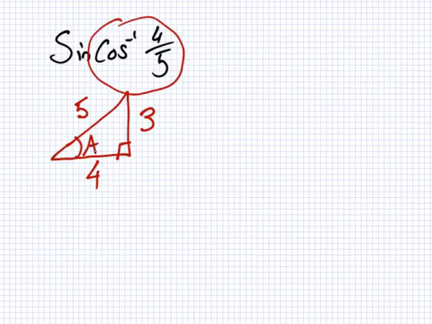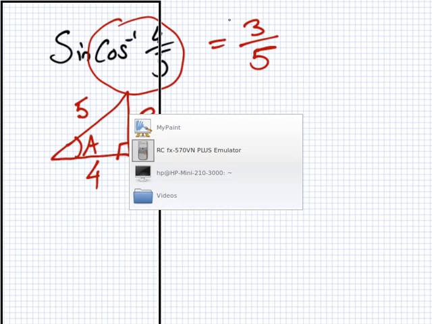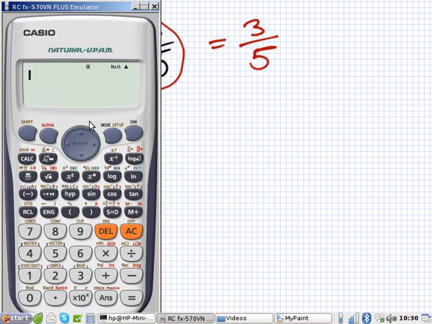We want sine of the angle we get from this. Well, what's sine of A here? No, remember we said the answer should be a fraction. Yes, what is it? 3 over 5. So this is the answer, 3/5. Now, you could actually check this on your calculator, but I don't know if it'll give me exactly the right answer.